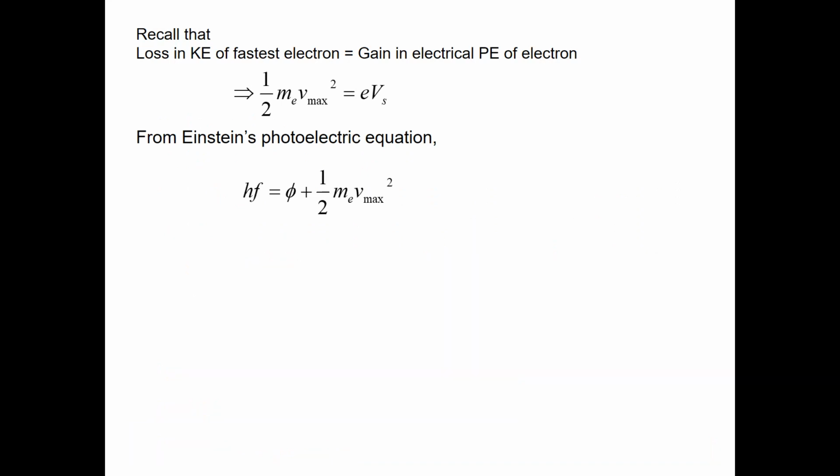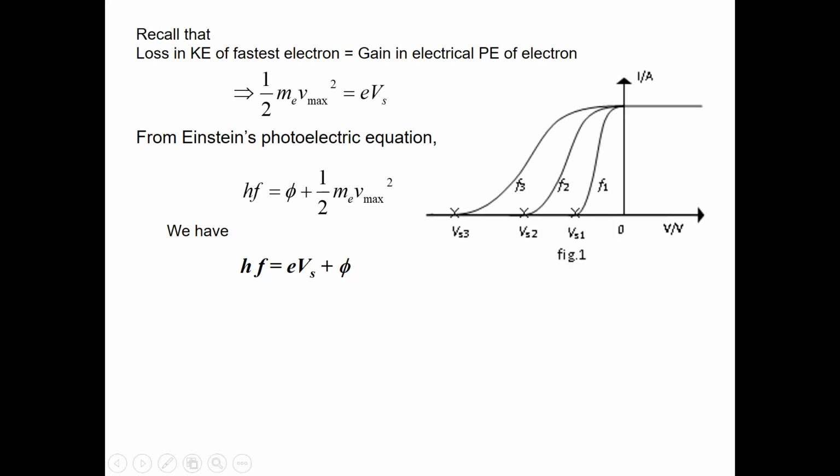So the equation here, like I said just now on page 11, your equation can become this. Your stopping potential manifests itself in the measurement of the kinetic energy of the electron. So if you have photons of different frequencies, you will change the stopping potential.